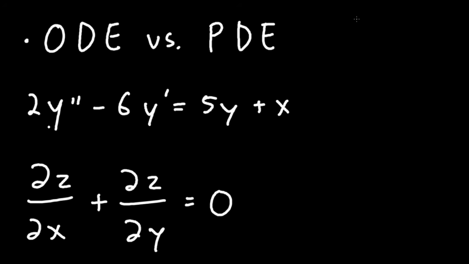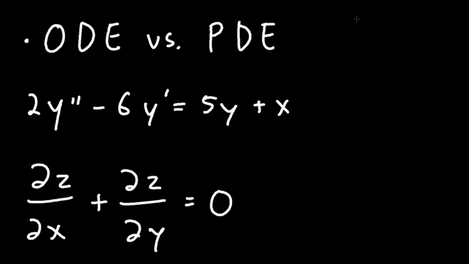Now, let's move on to the next topic. Ordinary differential equation versus partial differential equations. So in the case of these two equations here, I want you to take a guess which is the ordinary, which is the partial, using your knowledge from Calculus 3. You haven't taken Calculus 3? That's fine, I'm about to explain it.